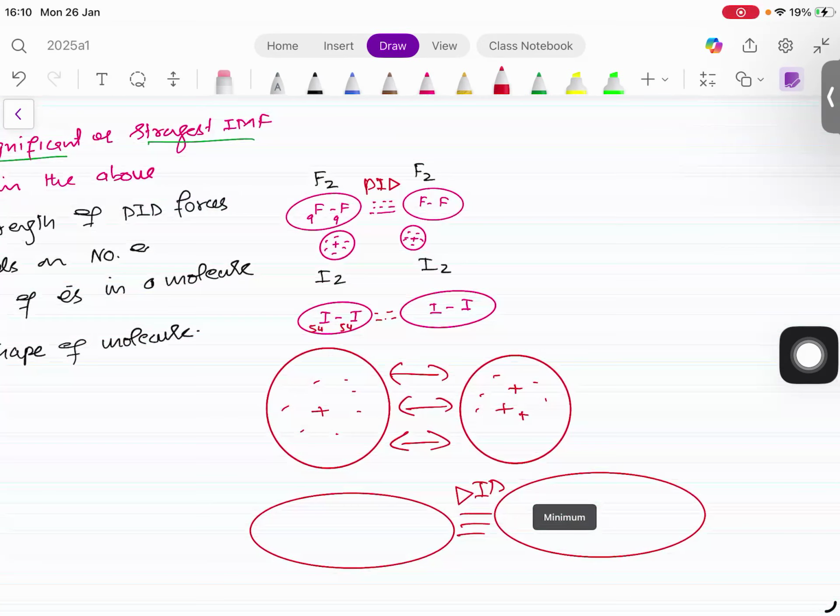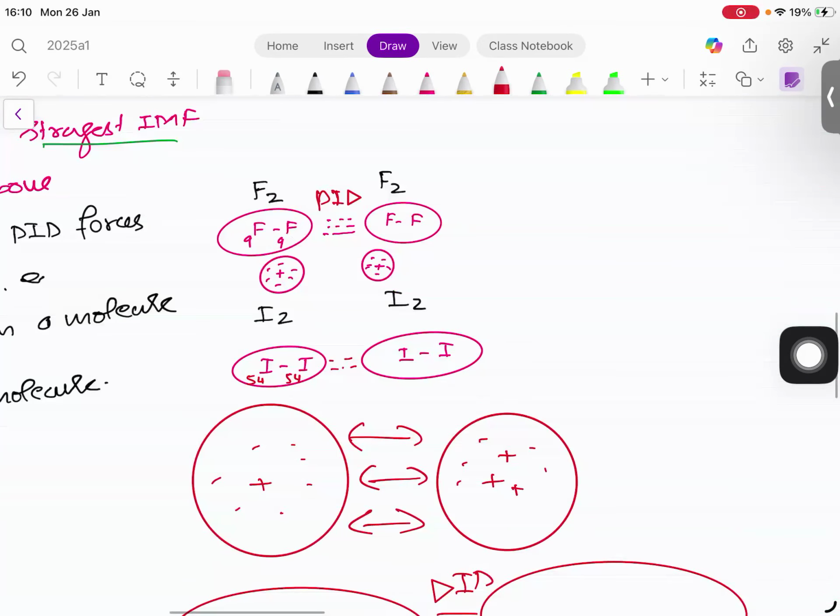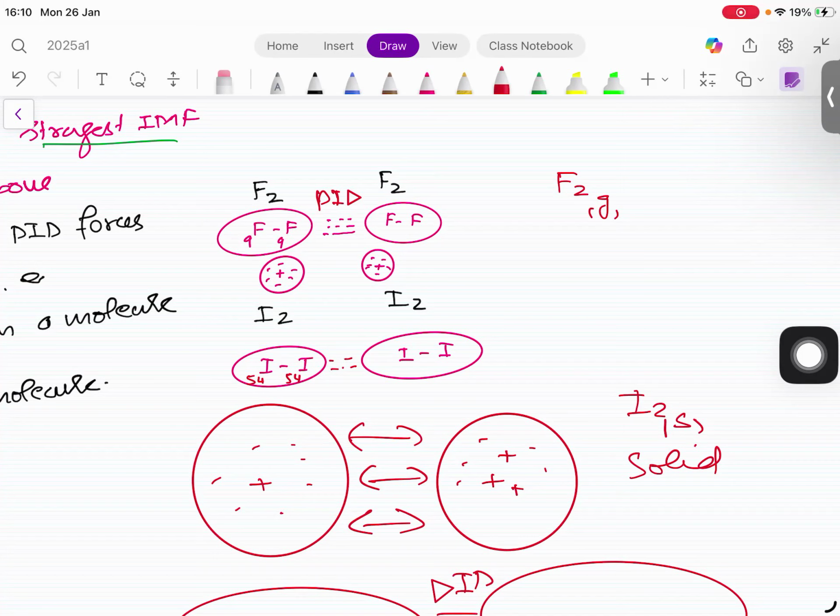As evidence, fluorine exists in the gas state, which tells us there are no or very weak intermolecular forces. Iodine exists in the solid state, which tells you there are strong enough forces of attraction between the molecules, because solids have strong intermolecular forces.